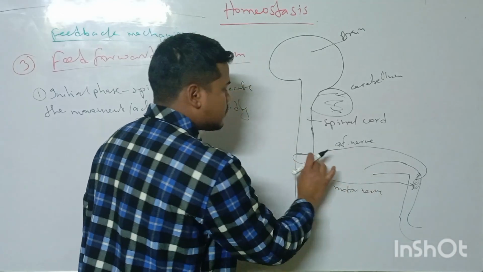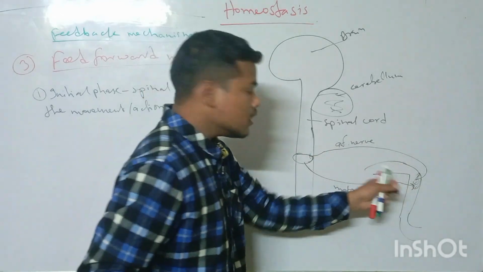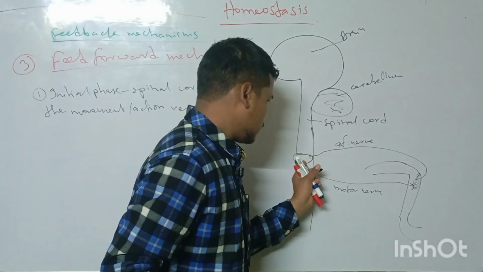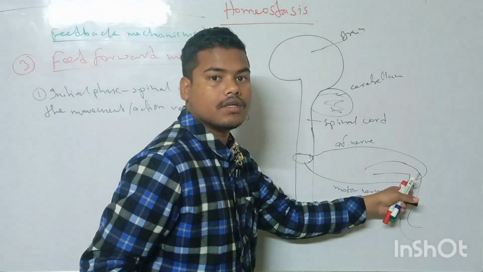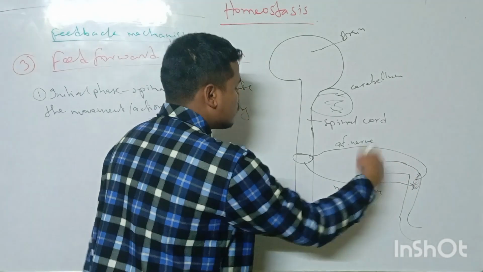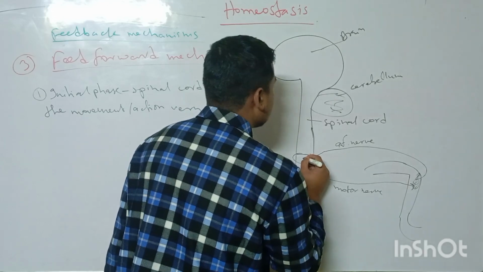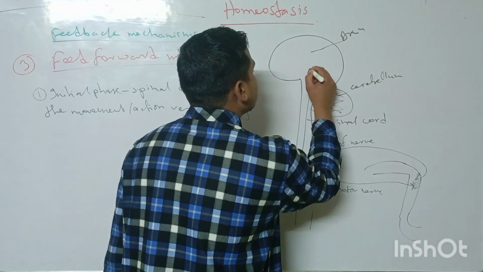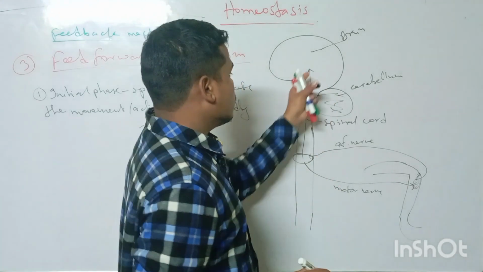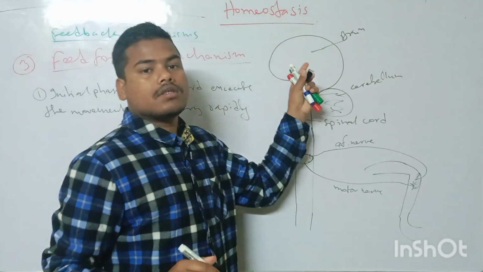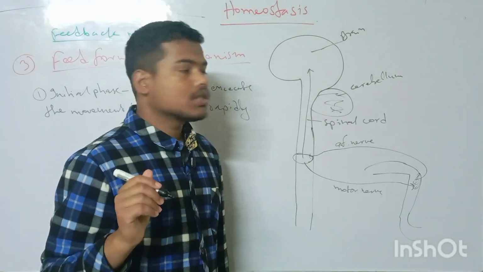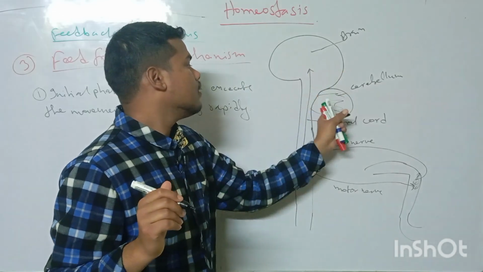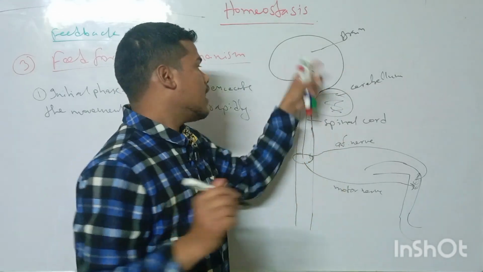since this spinal cord initially executes the movement rapidly, it also sends signals to the higher center, that is brain, some specific parts of the brain like motor cortex, basal ganglia and cerebellum.